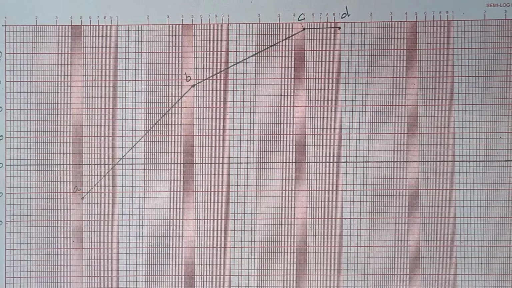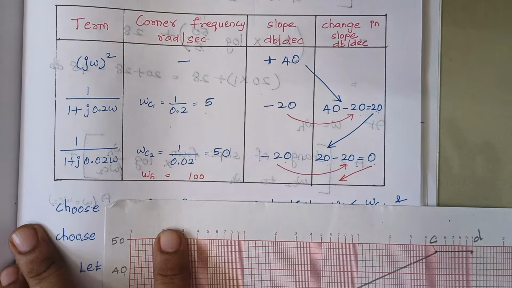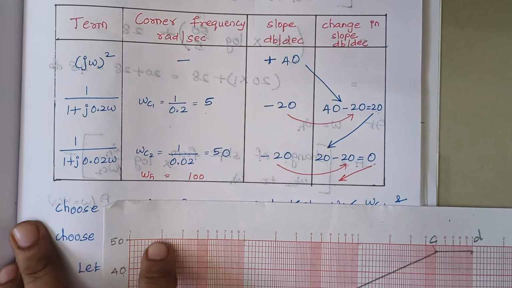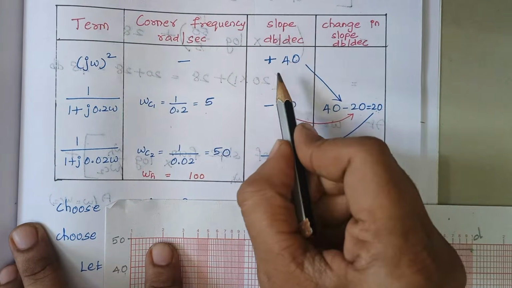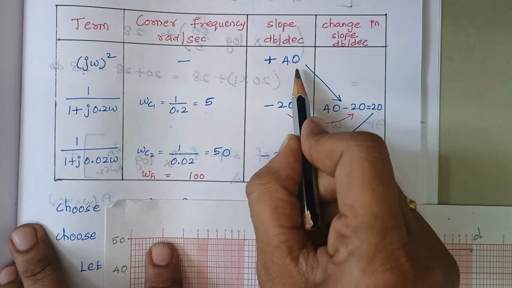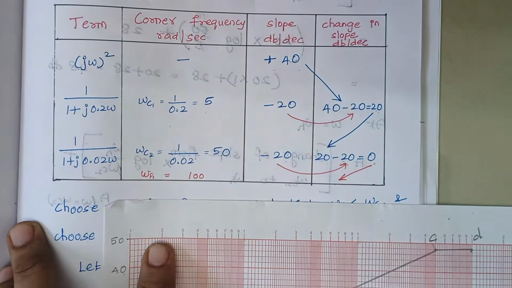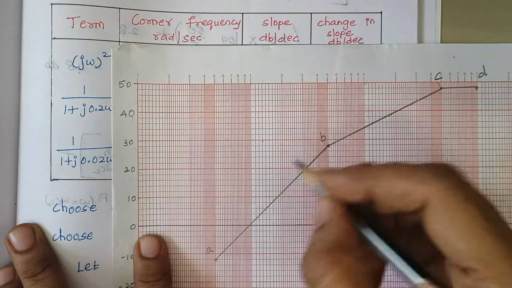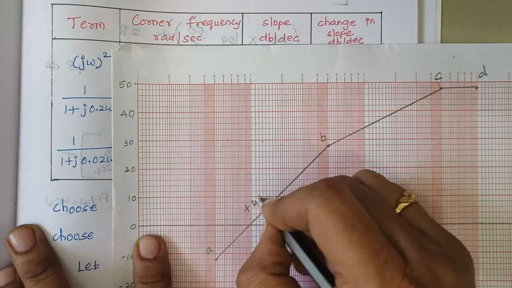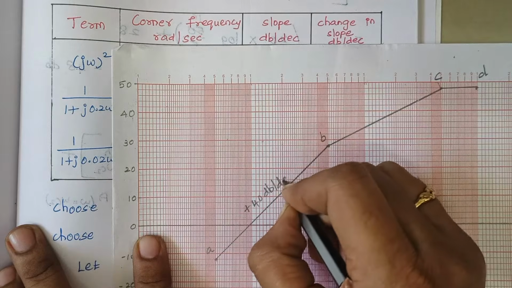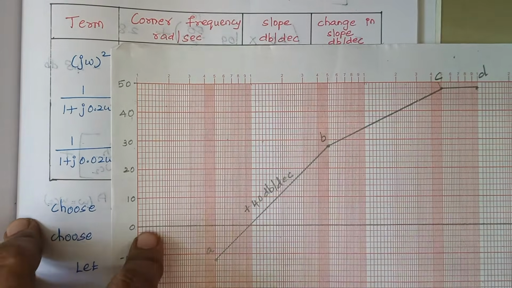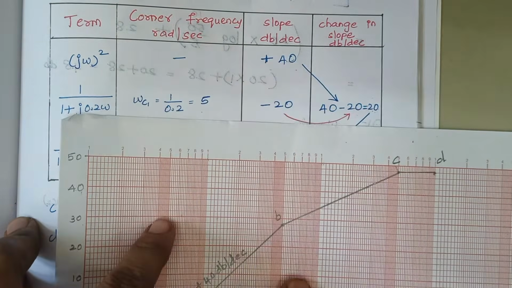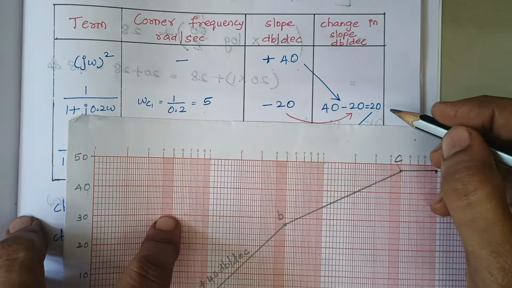So what is the value? The first value of the slope is given as, so from the table, what is your first slope? It is given as plus 40 decibel per decade, right? So here the first line segment A to B has a slope of plus 40 decibel per decade, right? And the next thing is we have to go to the change of slope.